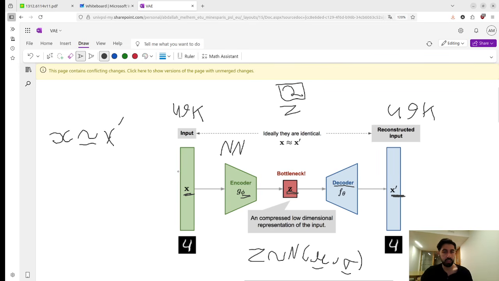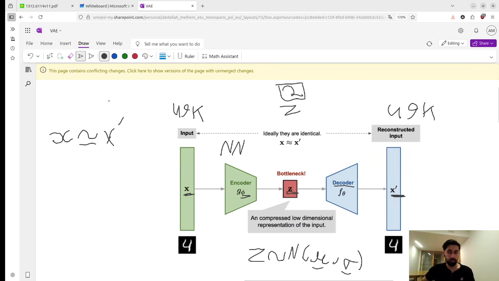All right, so this is basically the higher-level picture. We're going to go into more details, but I hope the first idea is clear. Input, really high dimension. First network, we get really low dimension, like a compressed object. Then we input it to the second network, and the second network should give us back our image.